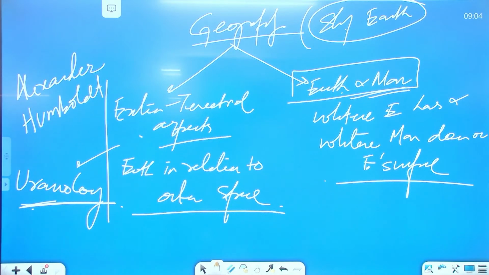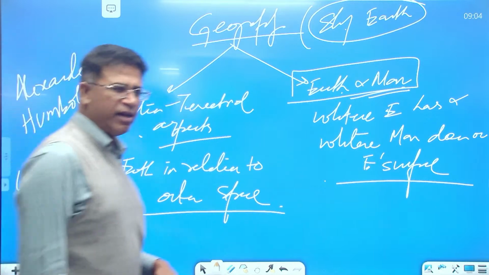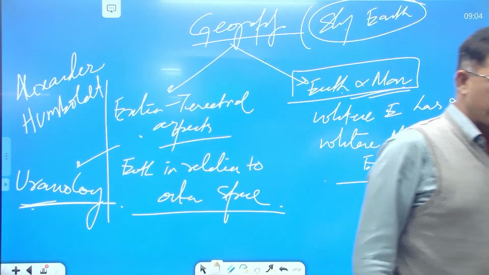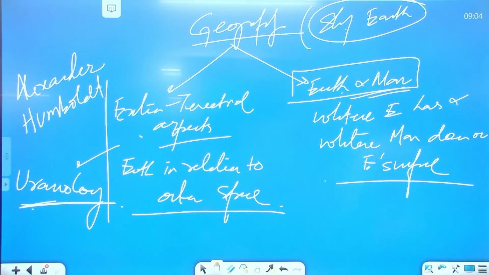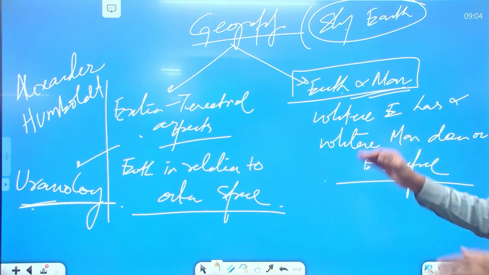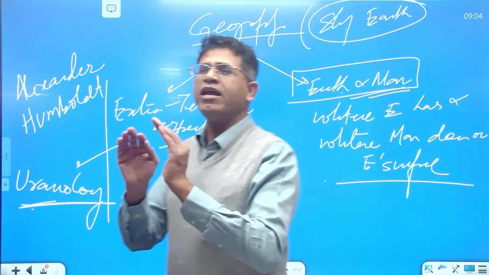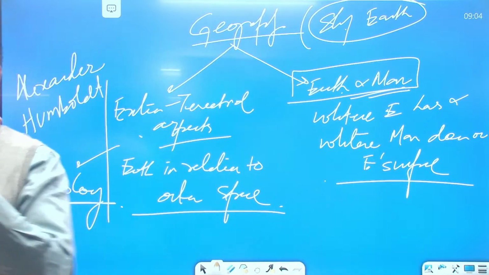So we don't just study what is inside the earth or on the earth. Inside the earth, what is there? Earth has mantle, rocks, core, and the crust. On the earth, what is there? Earth has water, land, forests, and whatever man does. We also study Earth in relationship to the outer space.